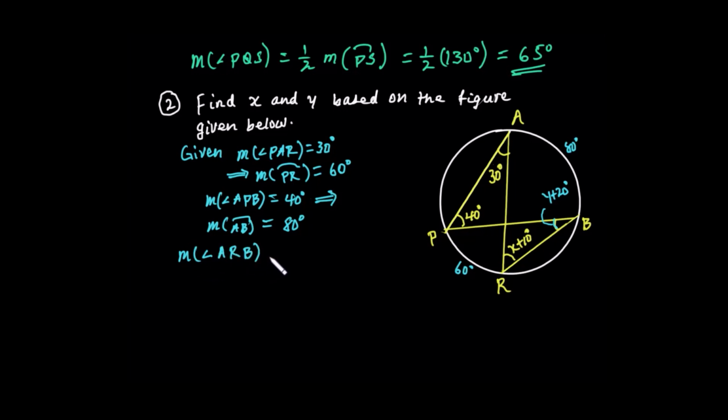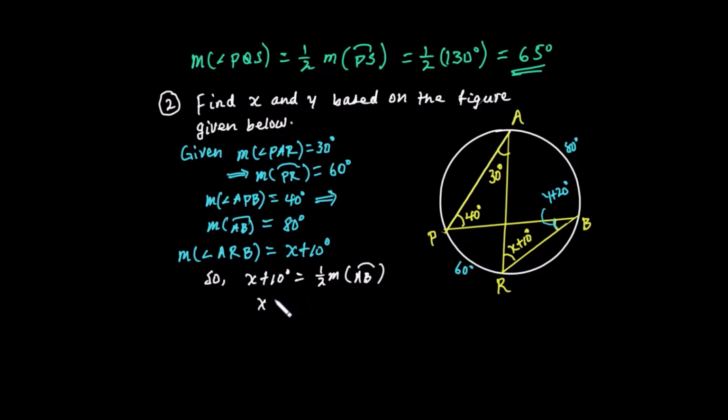This angle is subtended by arc AB, so it is half the measure of arc AB because it is an inscribed angle.